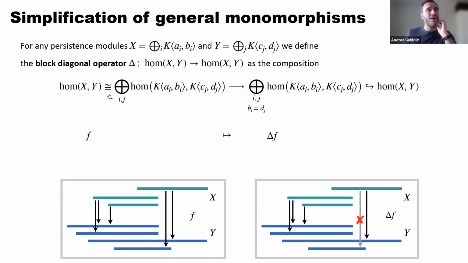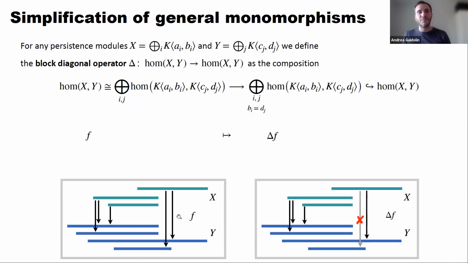We regard the space of morphisms between X and Y as a direct sum of Hom spaces of morphisms just between individual bars, which, by the way, allows us to think of morphisms as certain matrices with entries in the field. Then we project this direct sum into a smaller direct sum with fewer summands, where we just keep the summands corresponding to pairs of bars with the same endpoint, b_i equals d_j. And doing so, we obtain this modified morphism delta f.